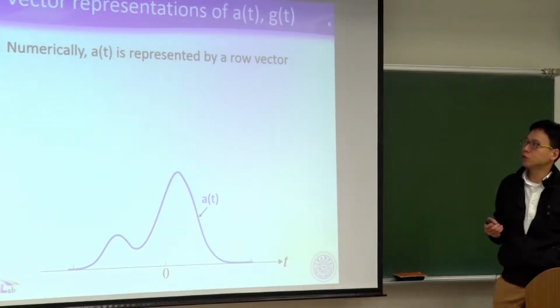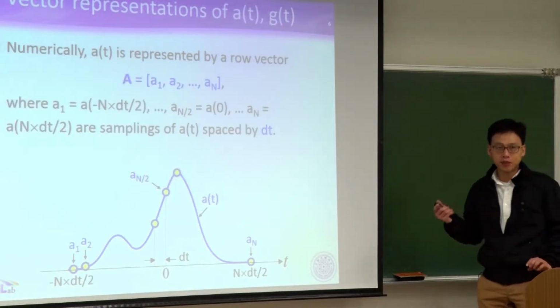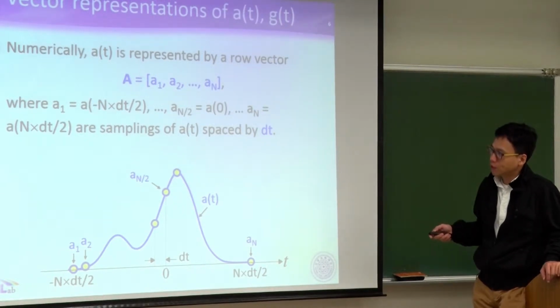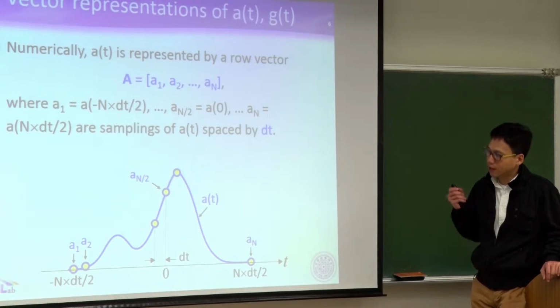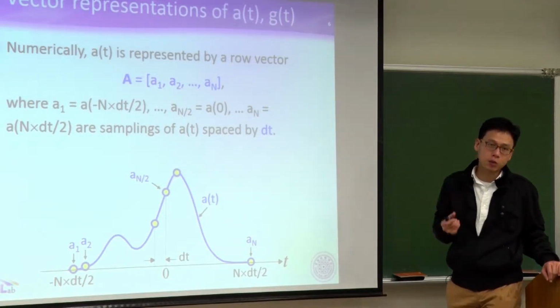How do you represent this continuous function in your program? Of course, you have to perform sampling. It's easy. Say you sample the electric field function at n points. So you get A1, A2, all the way to A sub n. You have n data points.